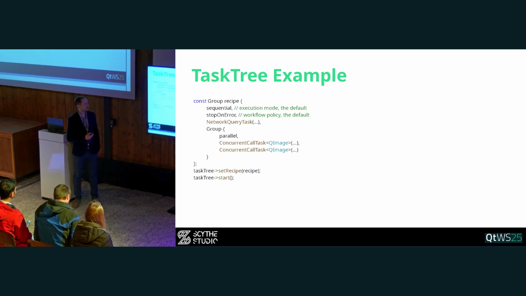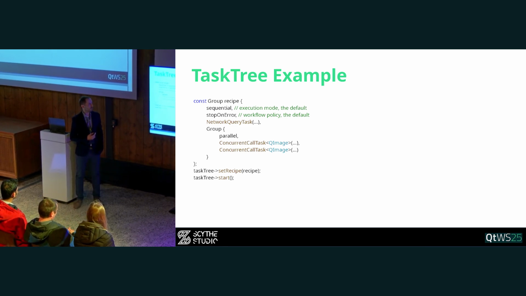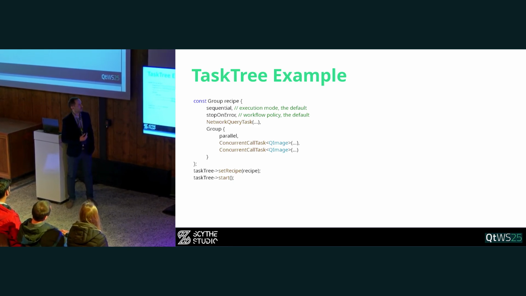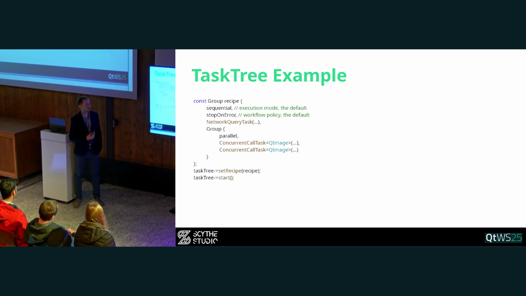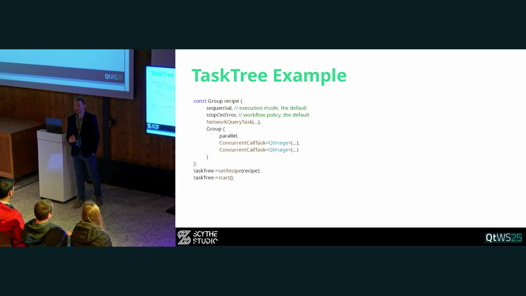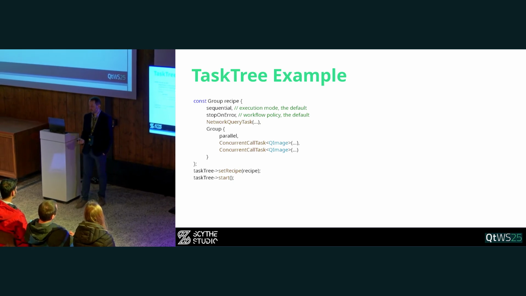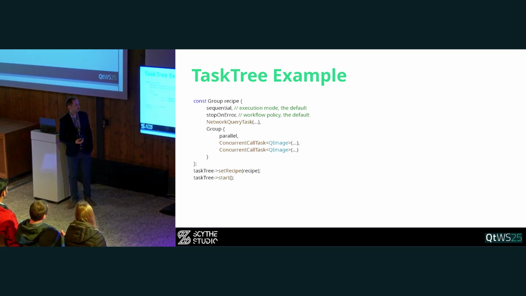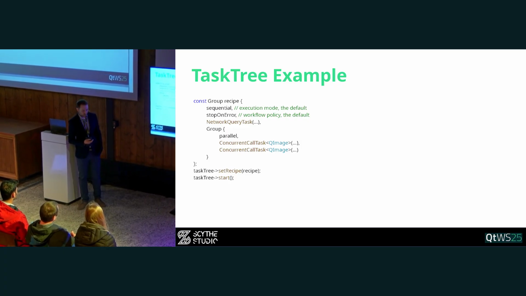So it means that those two concurrent call tasks will execute in parallel. When this recipe is executed by Task Tree, first it will execute the network query task, and after this task finishes successfully, it will enter this second group and execute those two tasks concurrently.